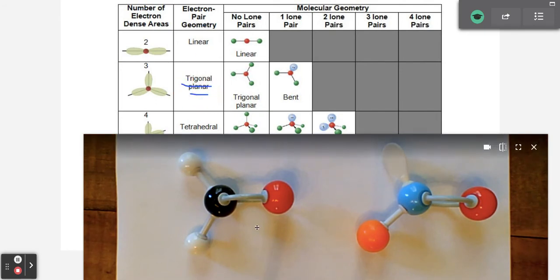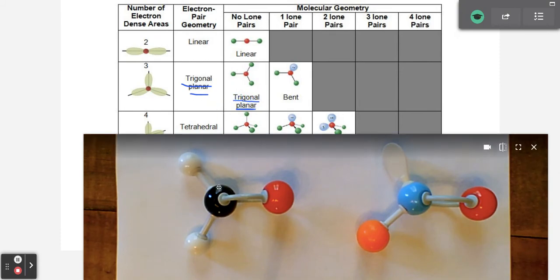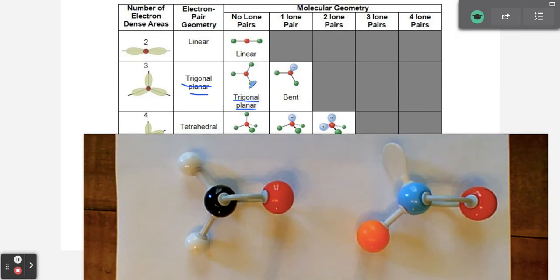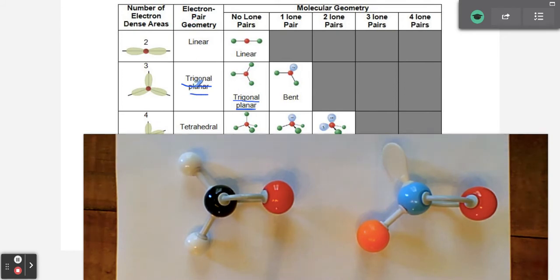Now, in the case of the CH2O on the left, there are no lone pairs, so the electron pair geometry is the same as the molecular geometry. Trigonal planar is the case for our CH2O. However, in the case of the NOCl here, yes, it may have a steric number of 3, it may have an electron pair geometry that is trigonal planar, but because it has one lone pair, the molecular geometry is known as bent.